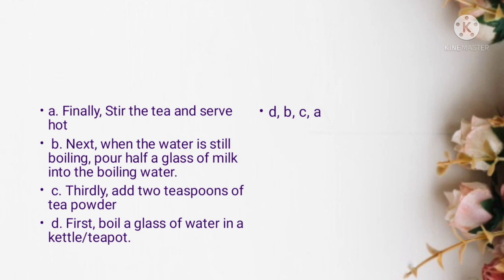So all these help us to rearrange the sentences into correct order. So more than that, what you have to keep in mind is the logical order, the beginning, the middle, the end, to form the sentences into correct order. I hope you have learnt how to rearrange the jumbled sentences.